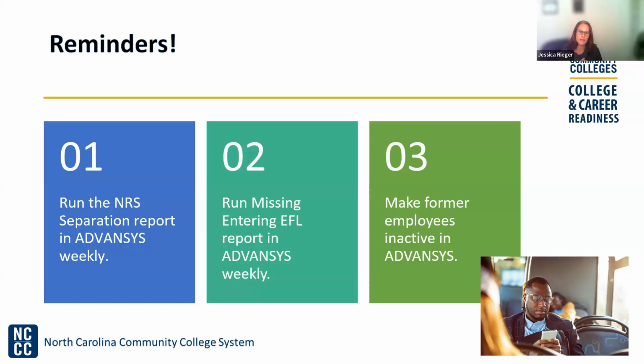Doing that, oftentimes you've got to go back and manually separate the student once you've made your corrections, because more than 106 days has passed since the student was last active. The system is very sensitive for the auto separation. So when you run that NRS separation report, if you are showing students with more than 106 days of inactivity, you must manually separate them.